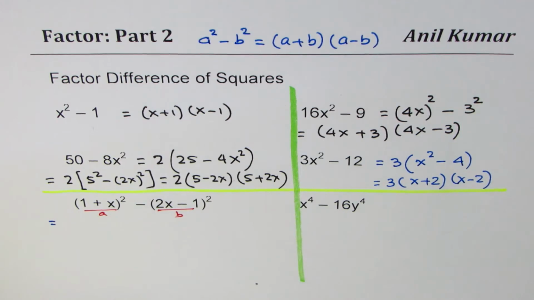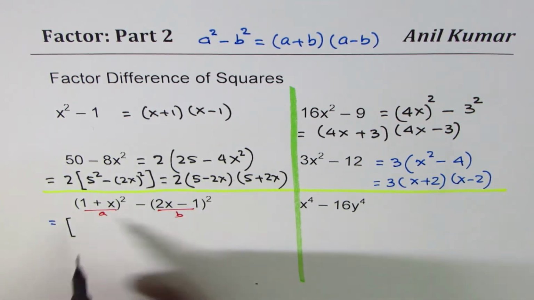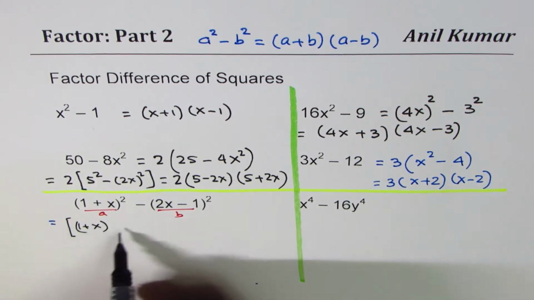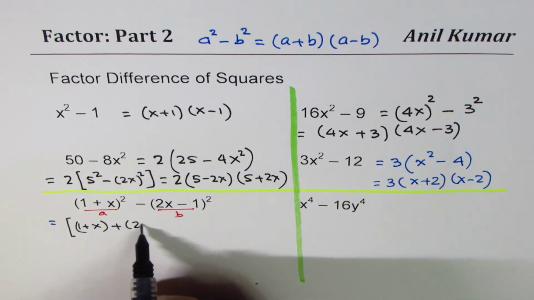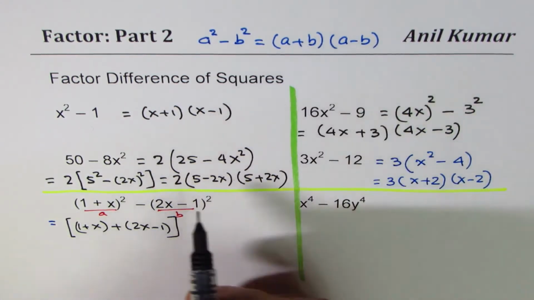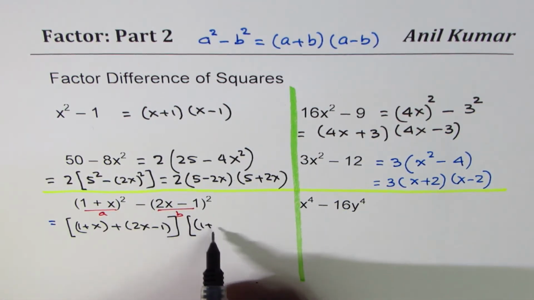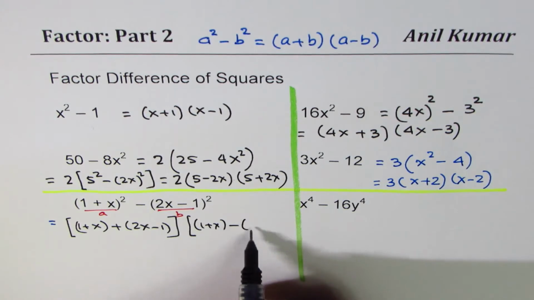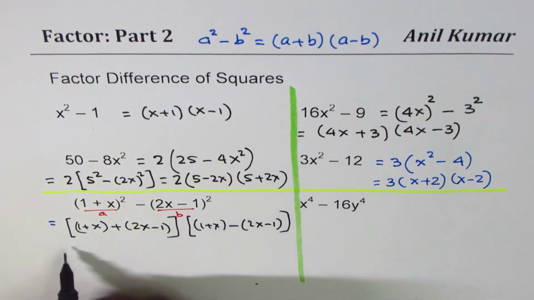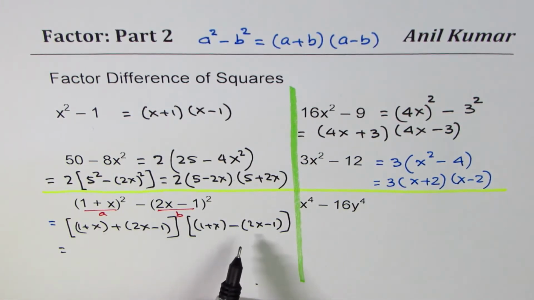So I'll write this as a plus b. Let me use this bracket. A plus b means 1 plus x plus 2x minus 1. This is my first factor, a plus b. And the second one will be a minus b, that is to say 1 plus x minus 2x minus 1. Do you see that? Square brackets help us to see easily what we are trying to do.